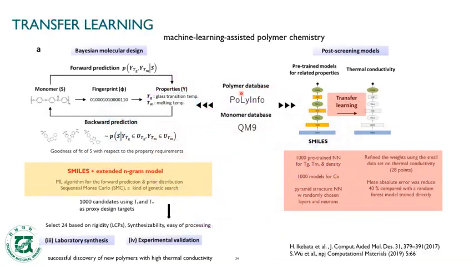To enable learning with less data, there's another approach named transfer learning. In this example, they use the databases PolyInfo and QM9. There, other physical quantities with more data points are available. But the physical quantity they are targeting, thermal conductivity, has only 28 data points.